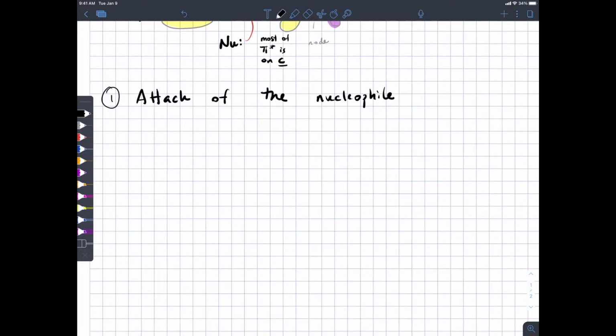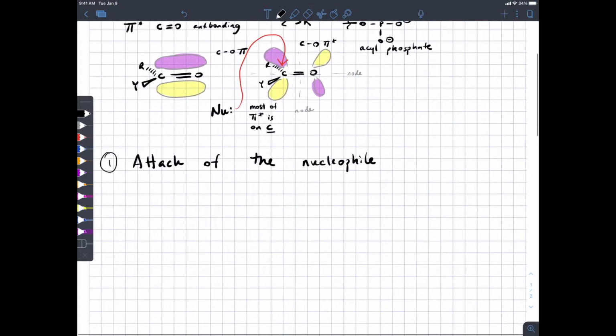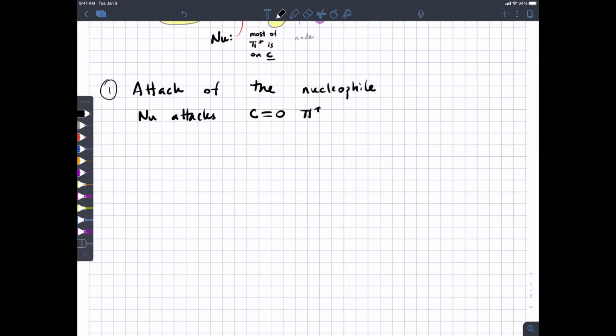Okay, nucleophilic attack. So the key issue that we'll deal with here is that the nucleophile attacks the carbon-oxygen pi star, but can the nucleophile attack directly, or do we need catalysis to make it happen?